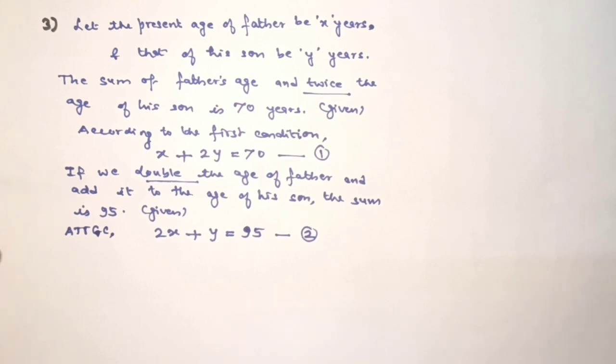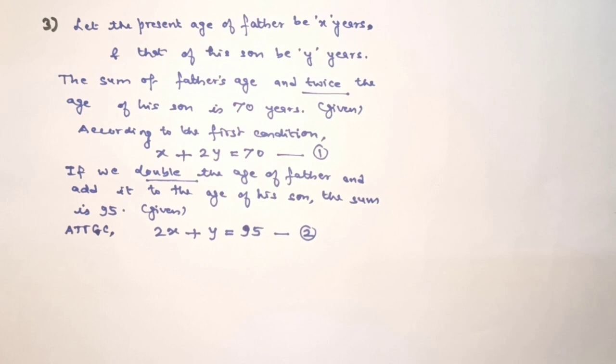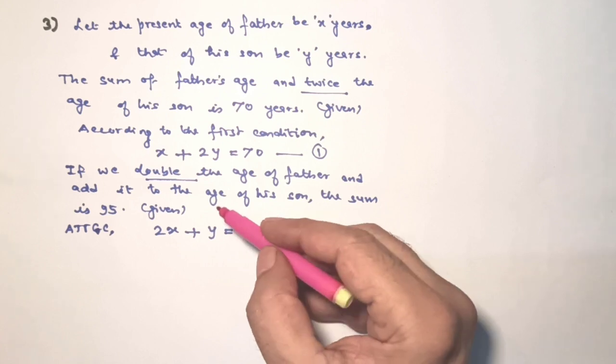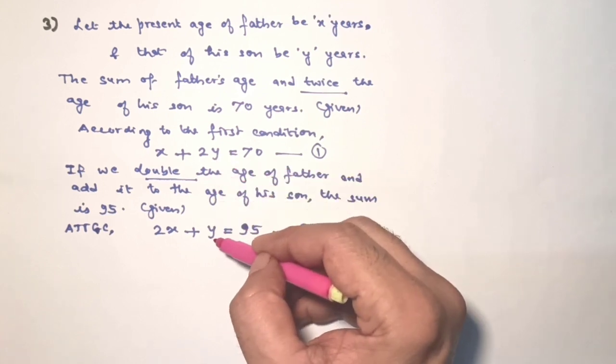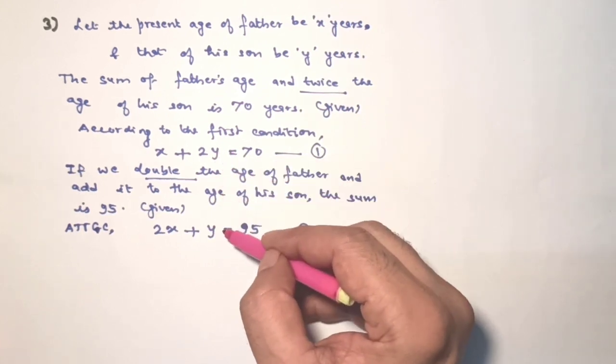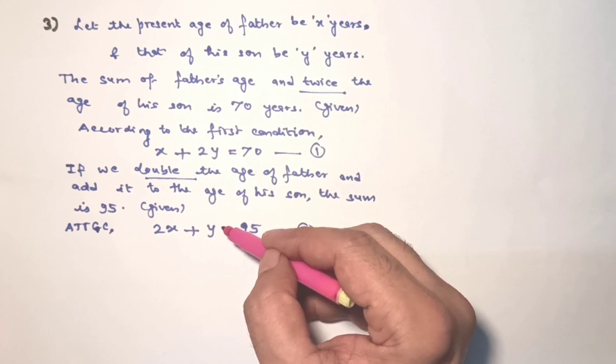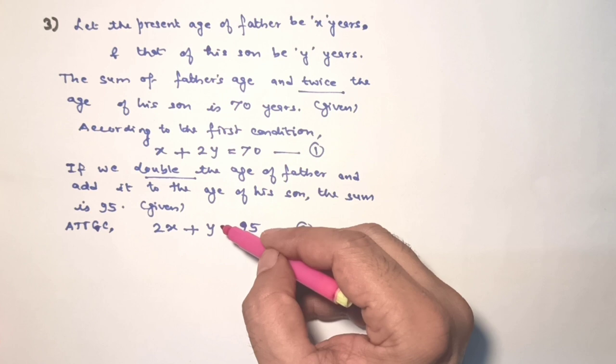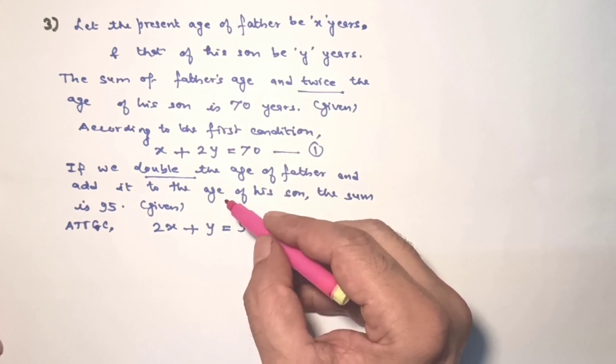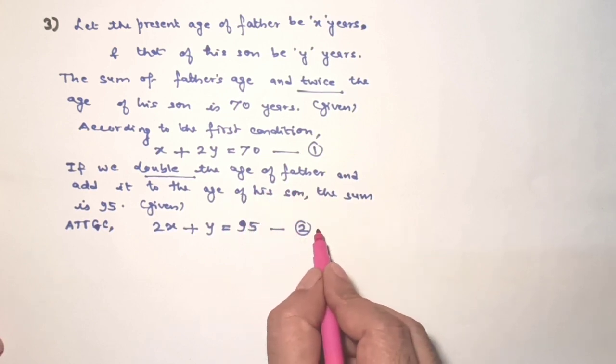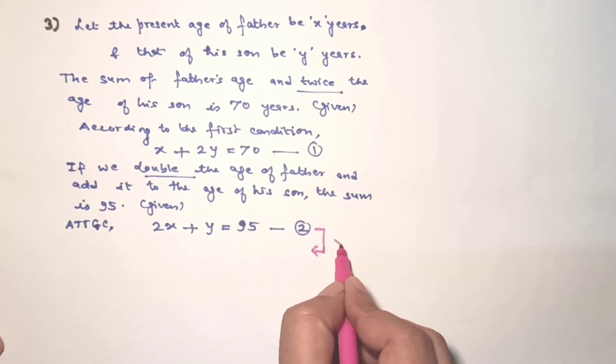Now either you multiply first equation or second equation by 2 to get coefficients of y equal, because we are solving this by method of elimination by equating the coefficients. So I'll just multiply equation 2 by 2.